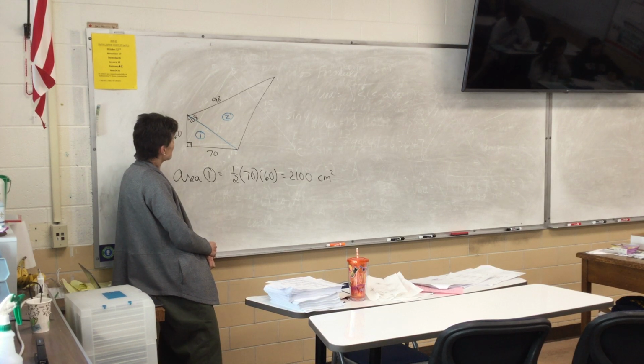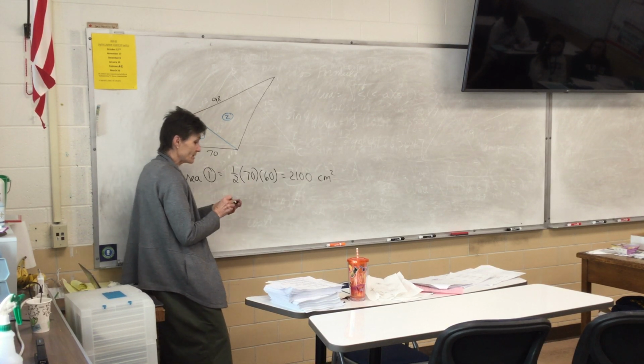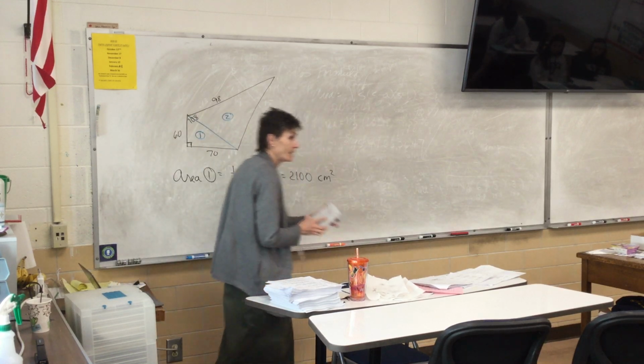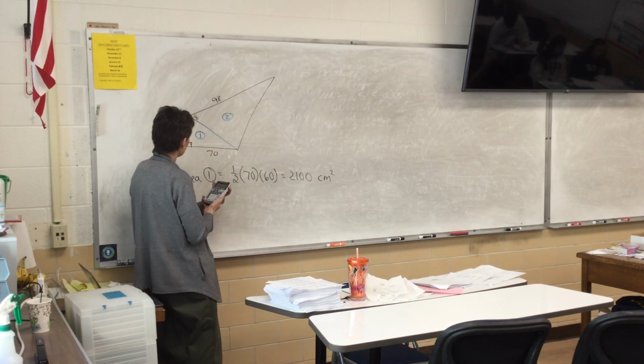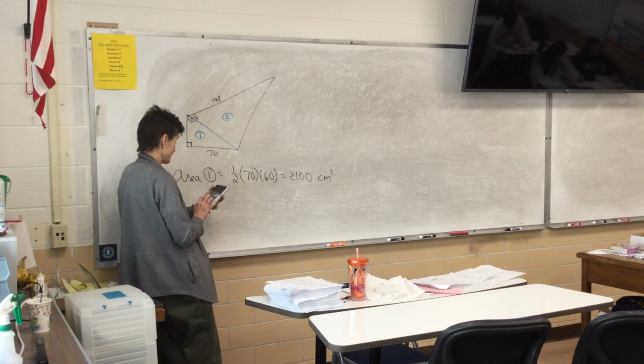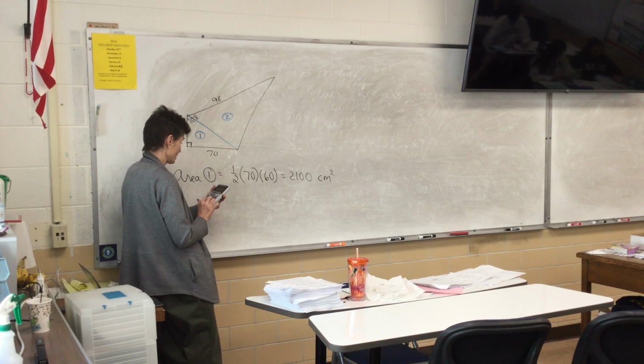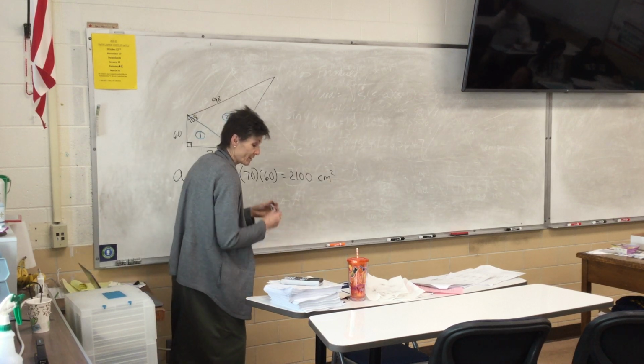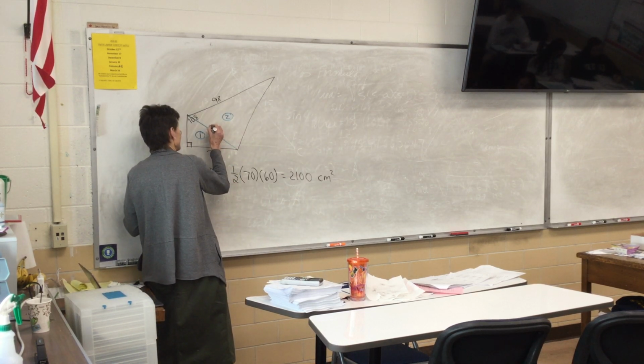Now, Ben, I heard you say something about the Pythagorean theorem. So we certainly could find that blue line I drew, the hypotenuse. So 60 squared plus 70 squared. Square root of 8,500, I'm just gonna leave it as the square root of 8,500.